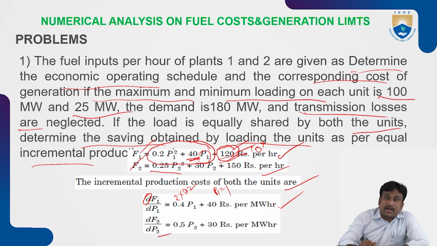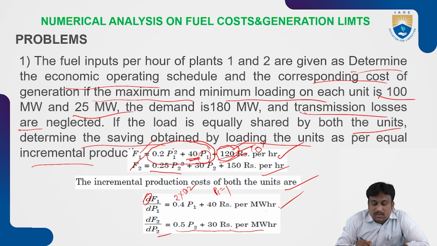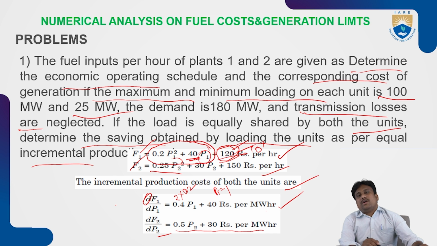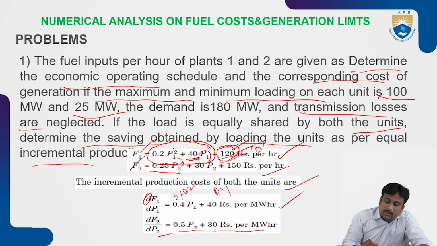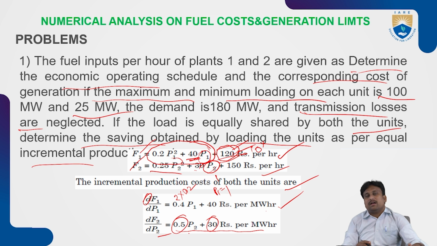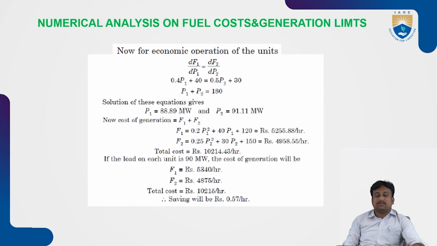Similarly, dF2 by dP2 is equal to 0.5 P2 plus 30 rupees per megawatt hour, because 2 is multiplied with 0.25, that is about 0.5, and P2 becomes 1, so 30 into 1 is 30 rupees per megawatt hour. So this is the incremental production cost.